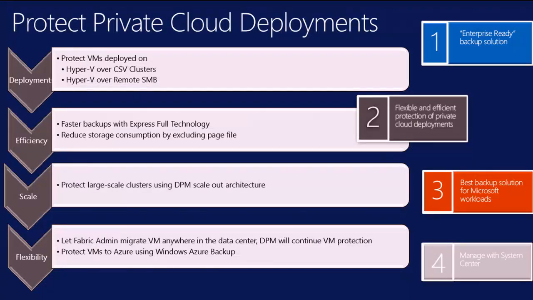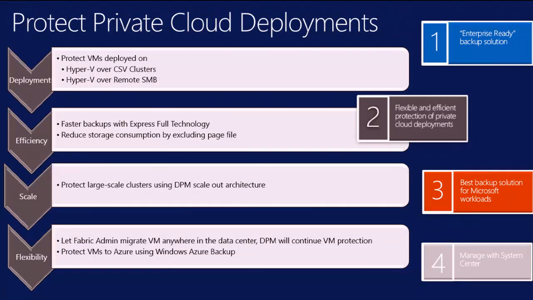Also, we have a brand new feature called scale out, where a big cluster like a 64-node cluster can be protected by multiple DPM servers. So far, in DPM 2012, we had the limitation that a single cluster had to be backed up by a single DPM server. So you either had to shrink the cluster or reduce the number of VMs running on the cluster to manage this backup environment. You don't need to do that anymore.